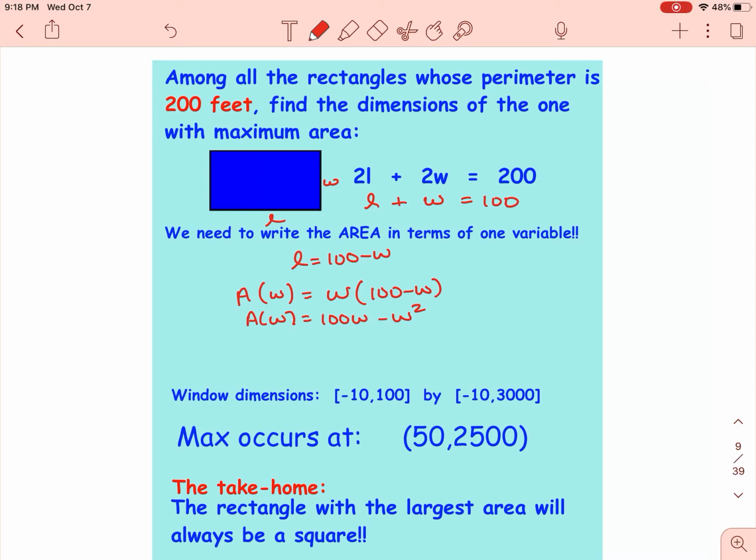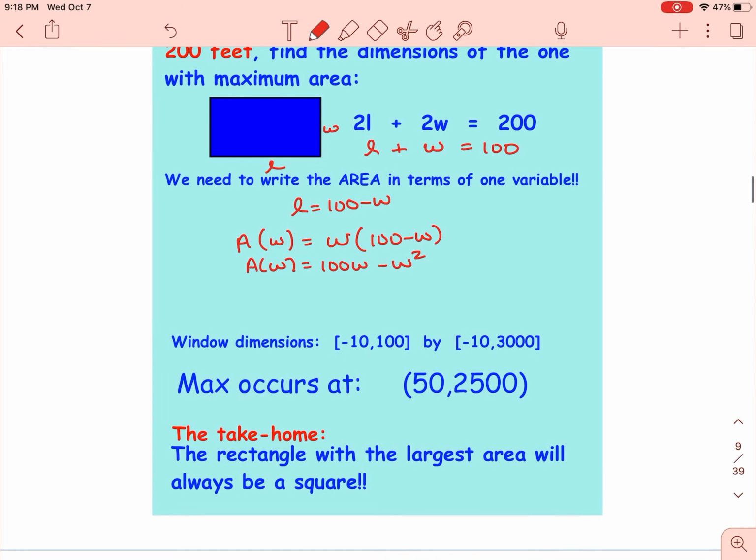And we can go on our calculator and figure out where that maximum value occurs. It says here that the maximum value occurs at 50, 2500.